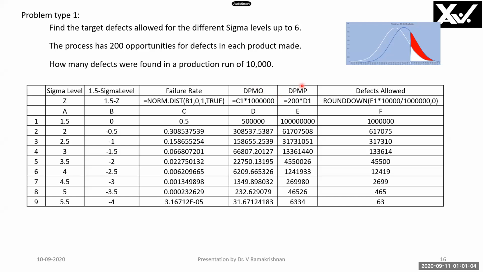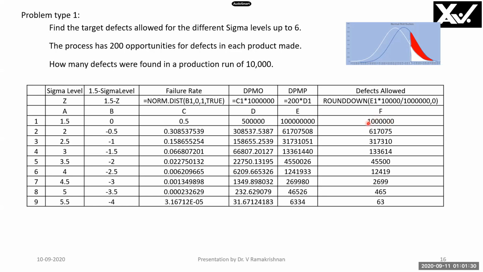Now each product has 200 opportunities for defects. Therefore, I have to multiply this by 200. Then defects allowed per 10,000: this is for 1 million, therefore you'll have to multiply by 10,000 and divide by 1 million.